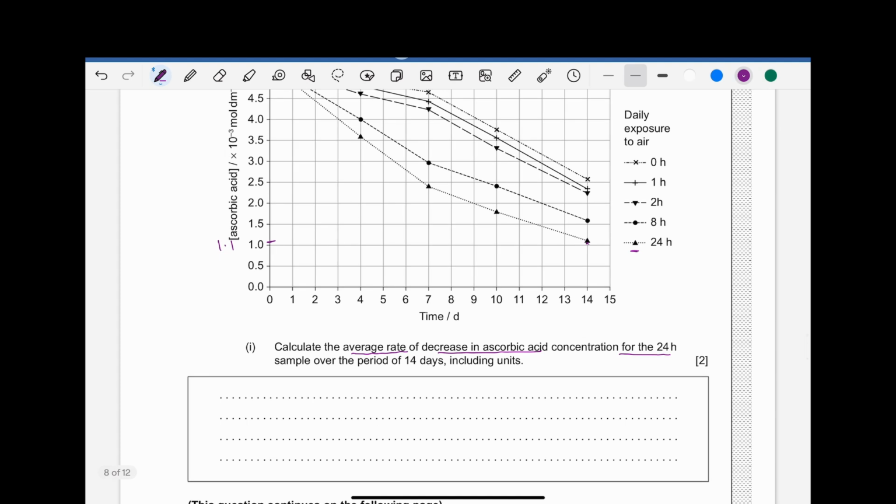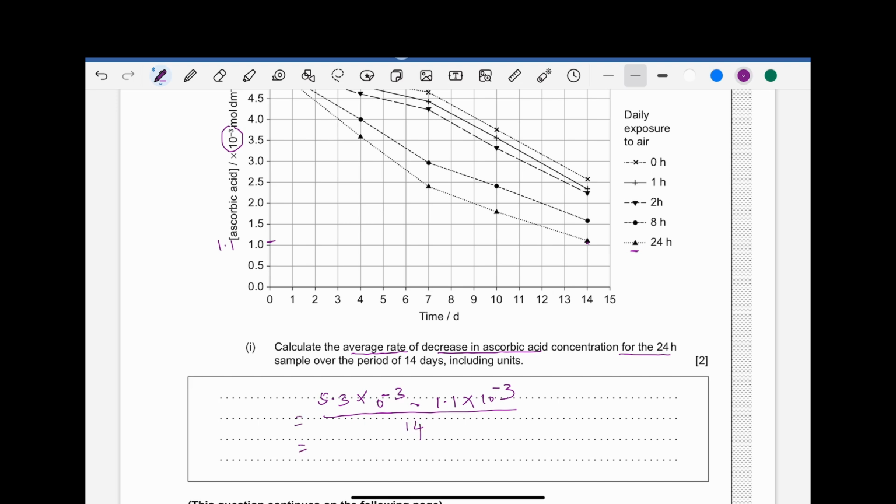So average rate is change in concentration divided by time. Change in concentration will be 5.3 times 10 to the power minus 3. Careful with that, that is given here as well. Possible mistake. Minus 1.1 times 10 to the power minus 3. And it says for 14 days, so divided by 14.